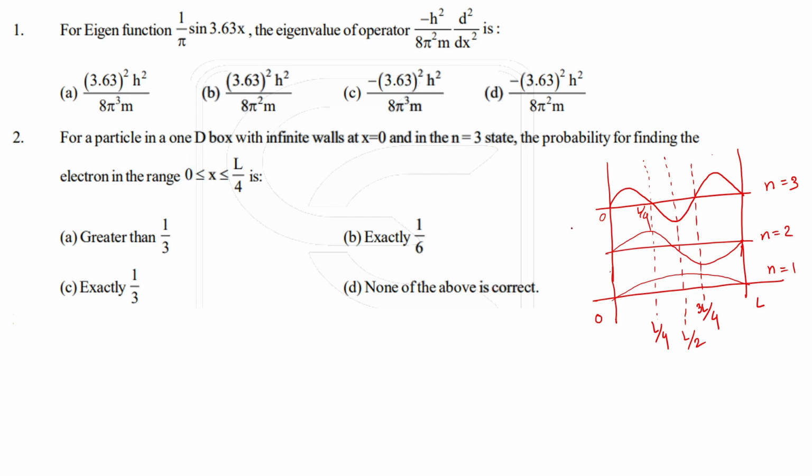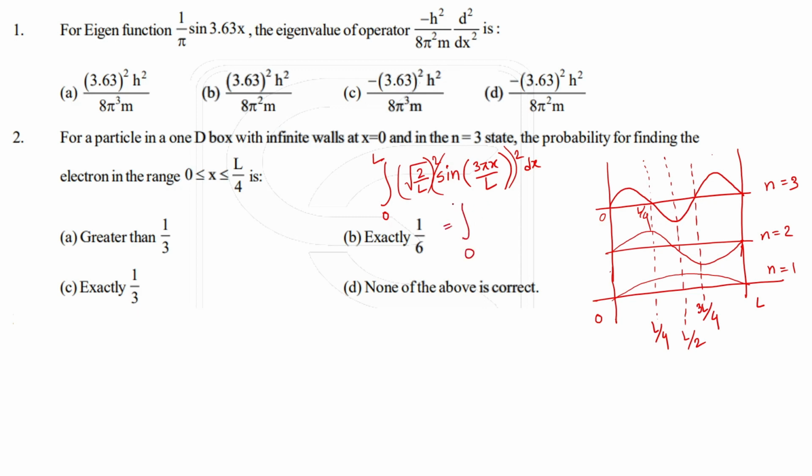Actually from here you can't really have the idea, you have to solve the integration for that. For n equals to 3 it is obviously root over 2 by L sine 3 pi x by L, right? And for getting the probability you need to integrate the square of this over the space, along dx.